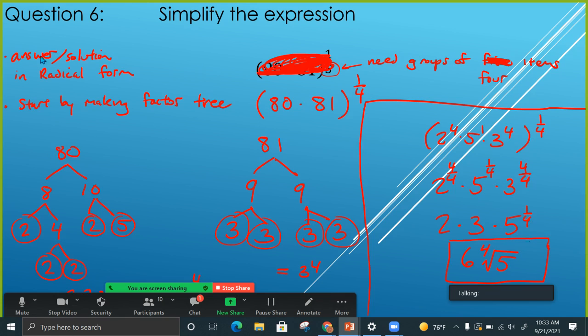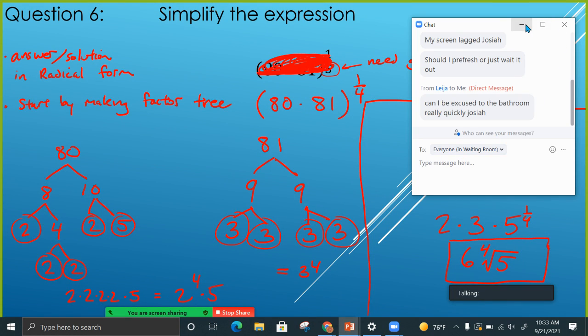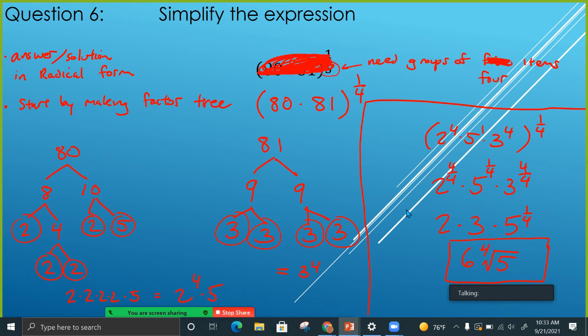All right, I see something in the chat. Oh yeah, to that message in the chat, that's okay. Just go ahead and come back when you're ready.